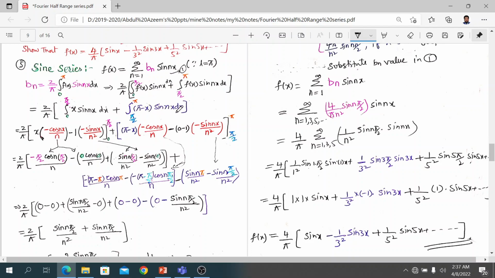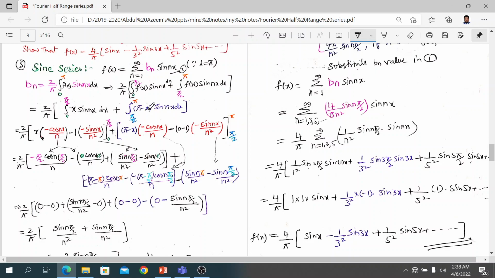Now apply Bernoulli's rule: integration of x as it is, and the derivative of x is 1. Now sin nx integration is minus cos nx by n, and again the integration of this is minus sin nx by n square, between limits 0 to pi by 2.